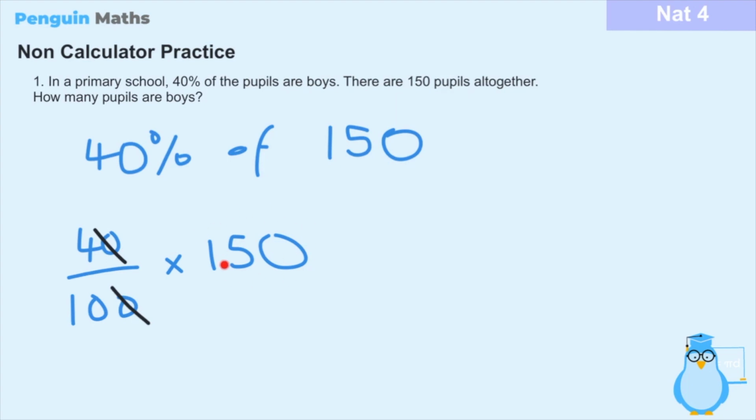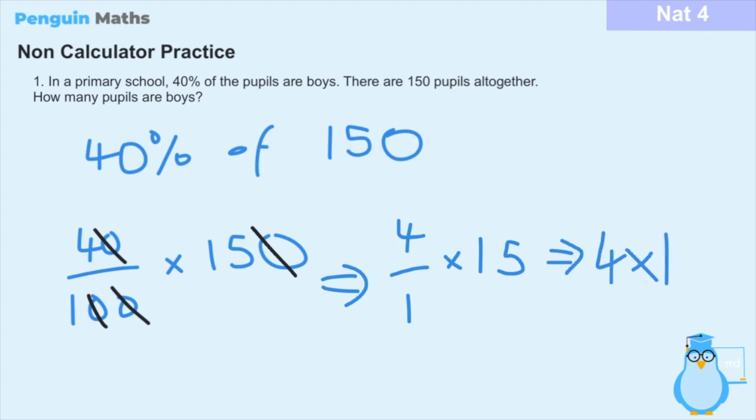So now we'll have 150 and 10, and because both of them still have a 0 at the end, we can also cancel off one more 0 from each. So that means that our sum just becomes 4 divided by 1 times 15, and 4 divided by 1 is just the same as 4, so we are just left with 4 multiplied by 15.